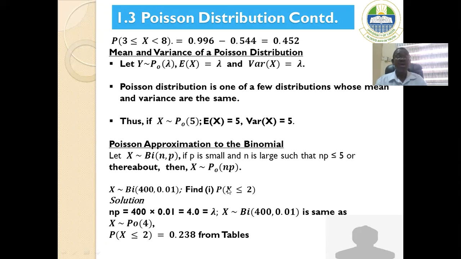So to find the probability that x is less or equal to 2, transform the binomial first of all to Poisson. Now, to find np, 400 times 0.01 is equal to 4. So this binomial has changed to Poisson 4. So you can use Poisson 4 to find this from the tables.